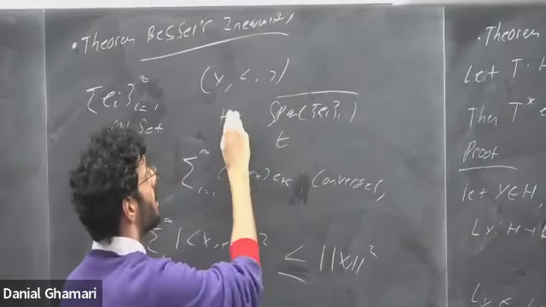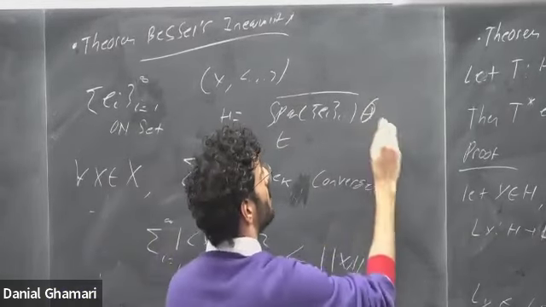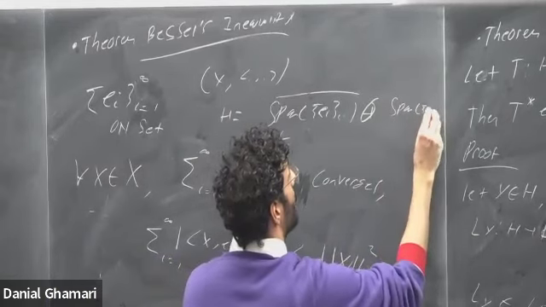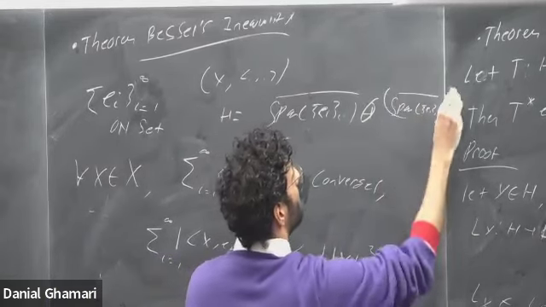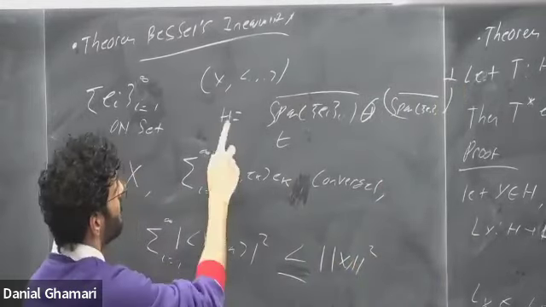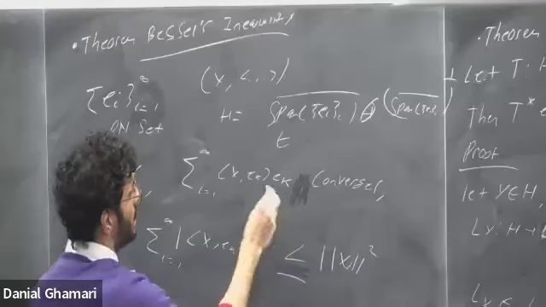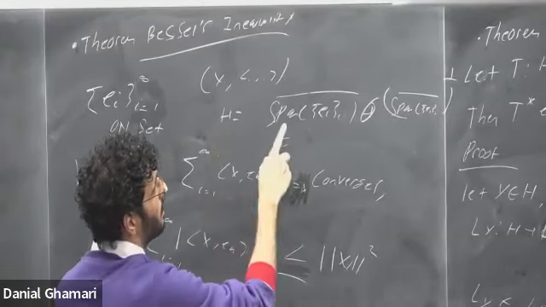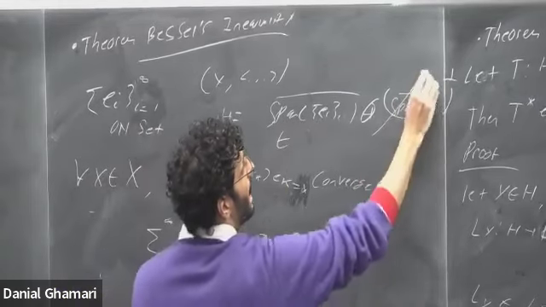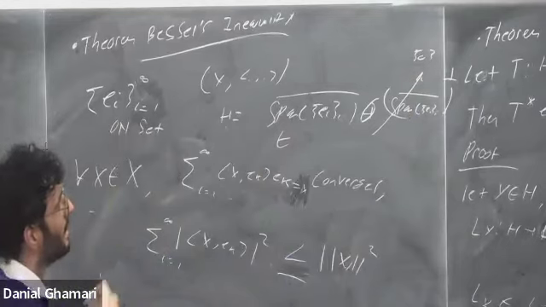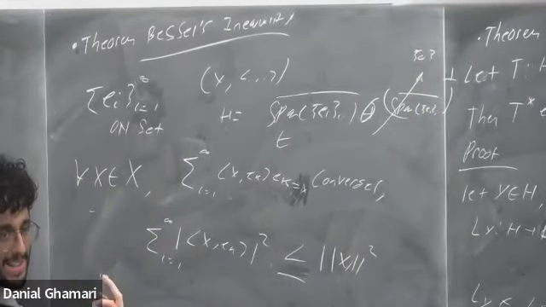So that means H can be decomposed as a direct sum of the span of e_i and its orthogonal complement. If I want this to equal X, H has to be equal to this term, and the orthogonal complement has to be just the zero set. So I need some extra structure on my orthonormal set.